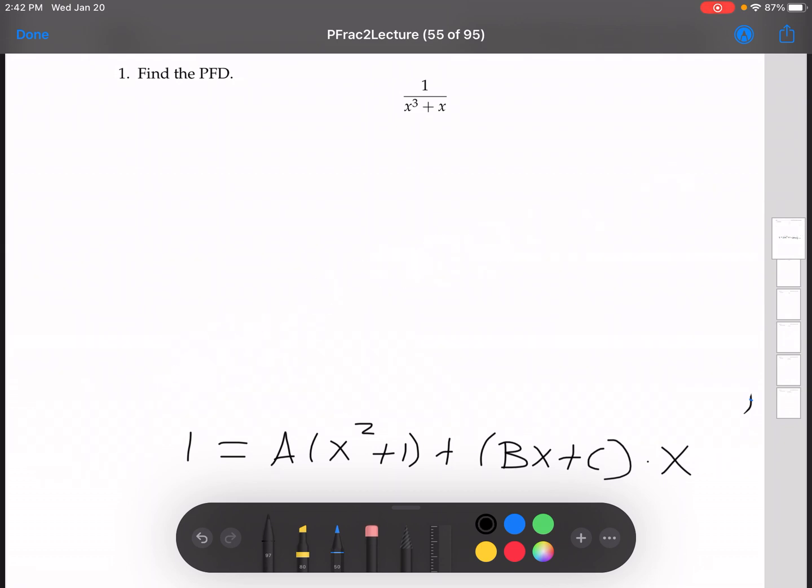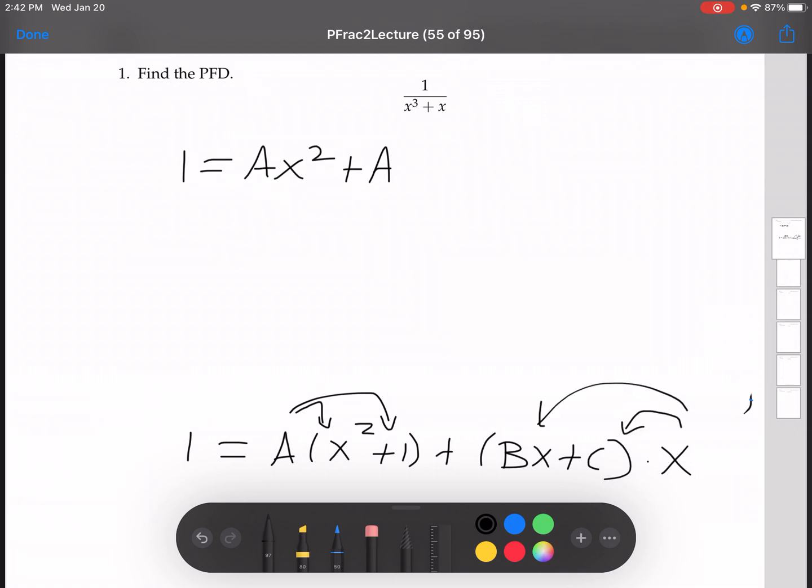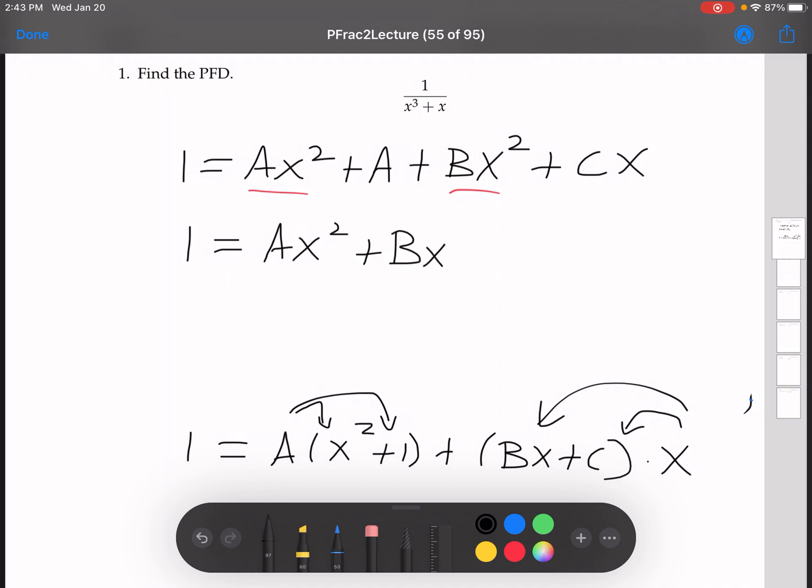So now distributing this a through to the x squared and the 1, we get 1 is equal to ax squared plus a. Distributing this x to each of those pieces, we get bx squared plus cx. And now collecting all the pieces with x squareds together, we have 1 equals ax squared plus bx squared.